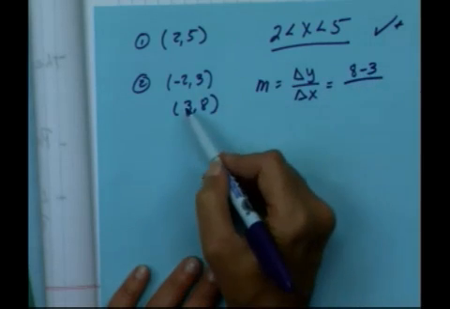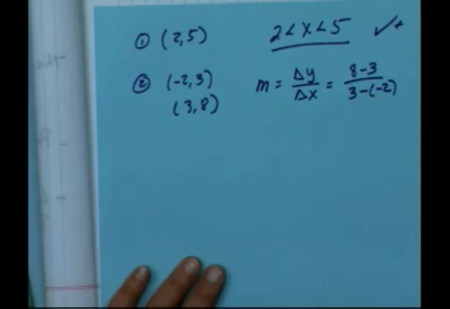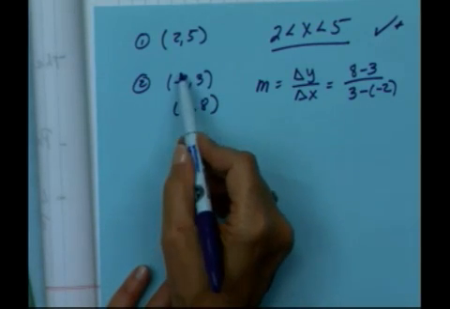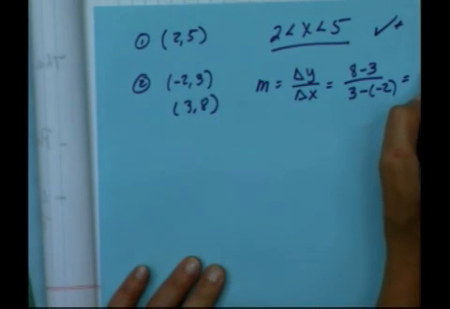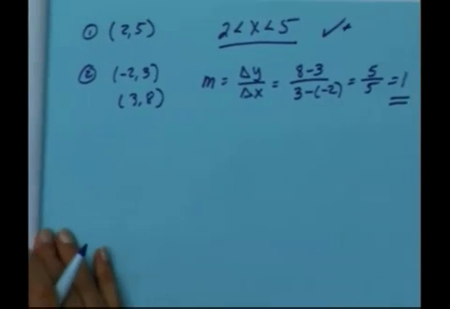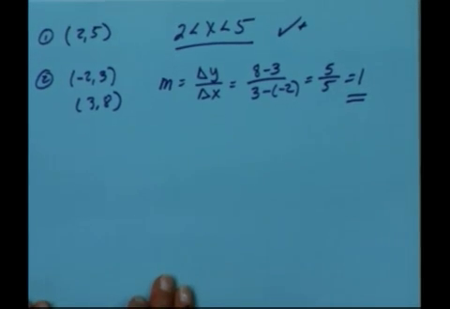And the difference in the x's is 3 minus -2. Okay, so you're subtracting the y values over subtracting the x values. 5 over 5. Did you get a slope of 1? Yeah. Okay, everybody good?